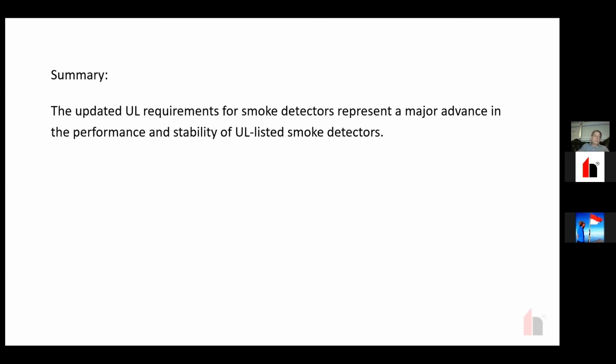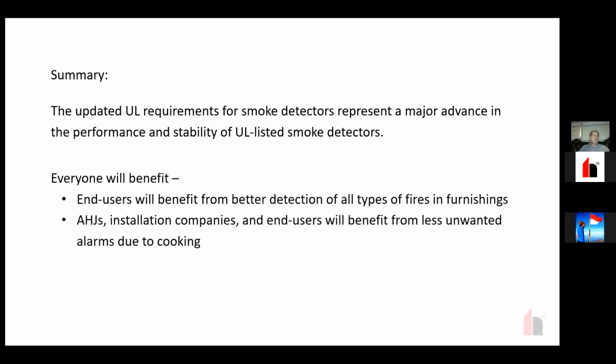We talked about the challenge of unwanted alarms from cooking. The new UL standards have taken big steps to correct those matters and provide all of us with better, more reliable detectors. And everyone is going to benefit.